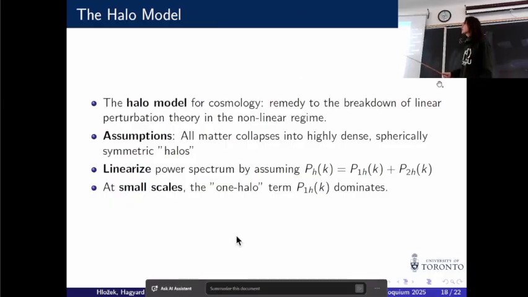I'll step back for a minute: the primary assumption of the halo model is that all matter in the universe collapses into these spherically symmetric, highly dense regions called halos.